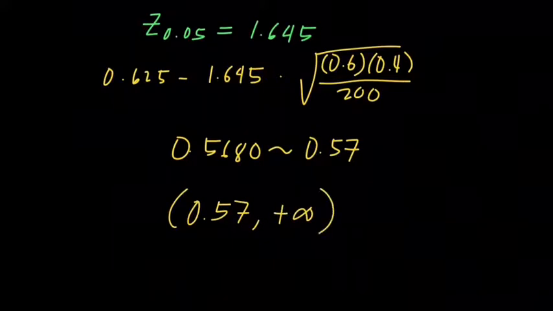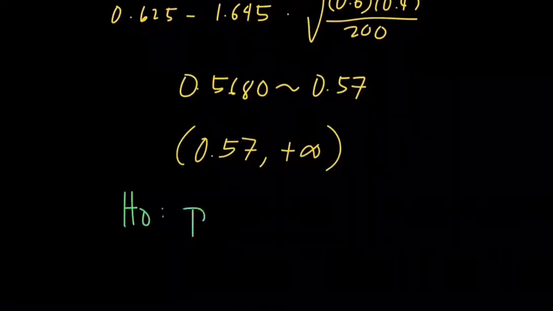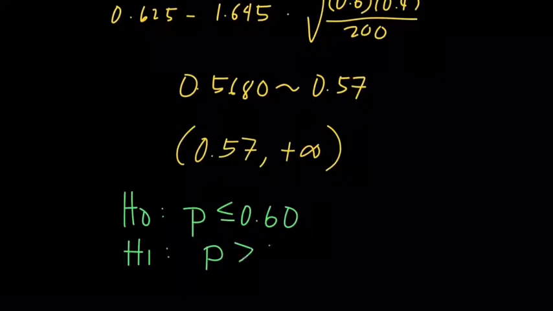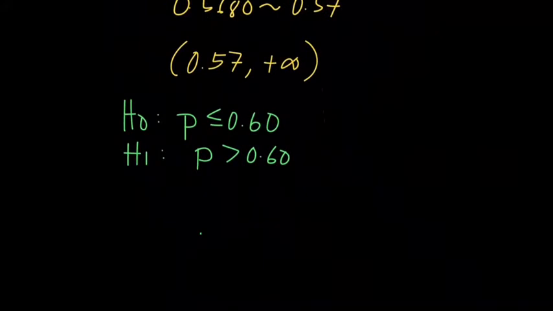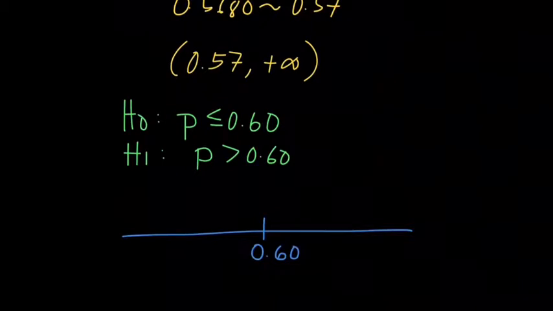Note that the task was only to test the hypothesis, and that is, we have H0: the proportion is less than or equal to 0.60, and H1: P is greater than 0.60. If we place the numbers on the number line, you will clearly see, if this is 0.60, then 0.57 is somewhere here.